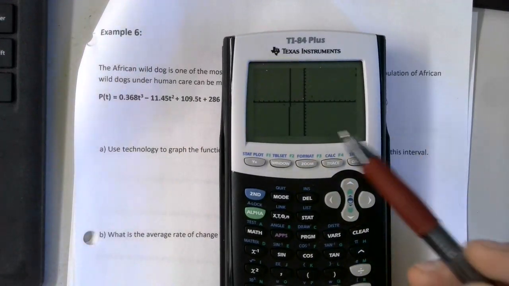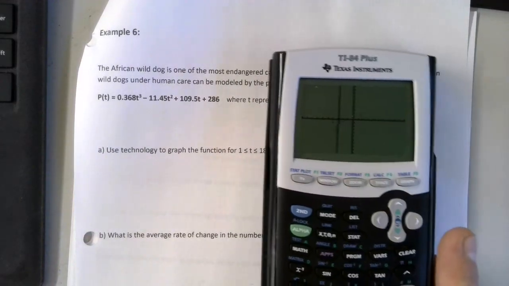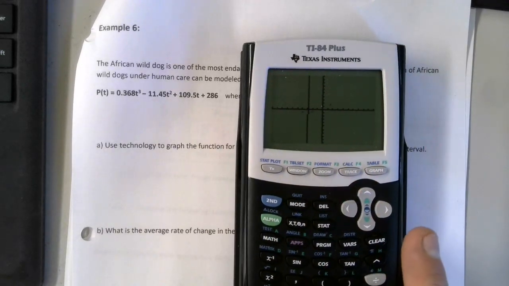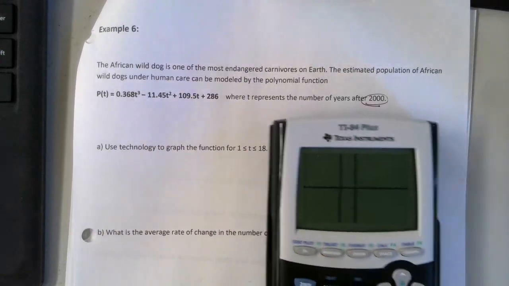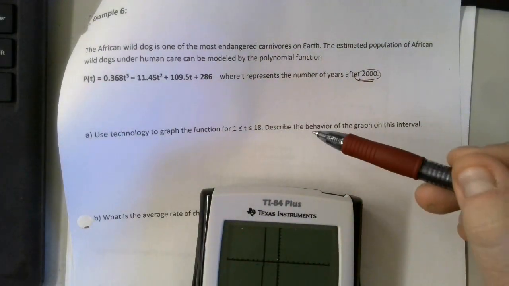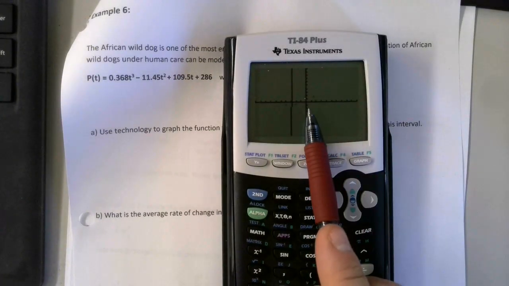Now, we cannot see the entire picture of this. So what's important to do, guys, is learn how to zoom out and in and see what's going on, right? Because you want to see from year 1 to 18 and describe the behavior of the graph in this interval. So that's all the way from here to here.